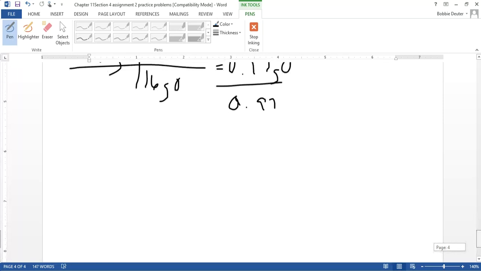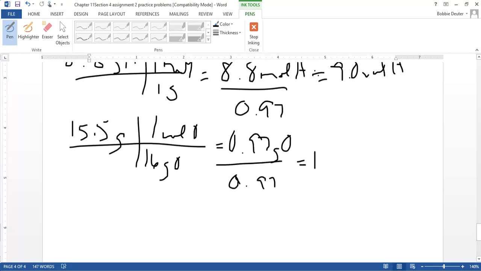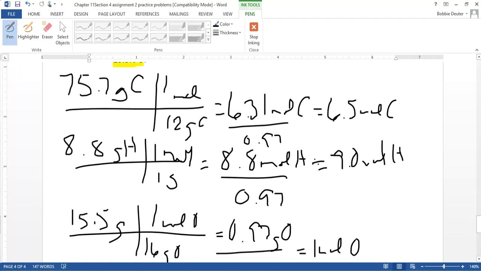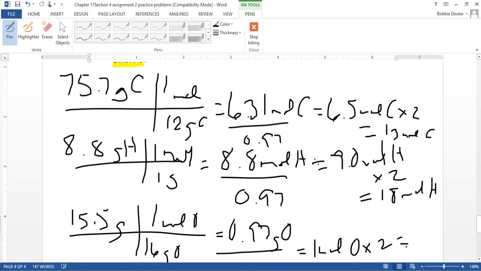And we get 1 mole of oxygen. Okay, that 6.5 totally throws us off. We have to multiply everything by 2 now. And so in this case, you get 13 moles of carbon, 18 moles of hydrogen, and you get 2 moles of oxygen.